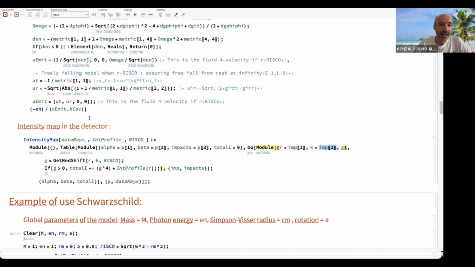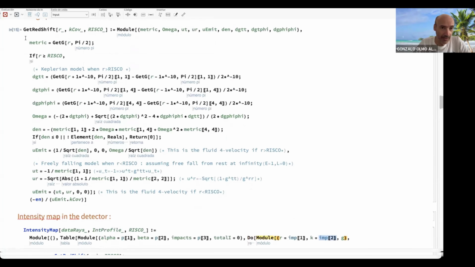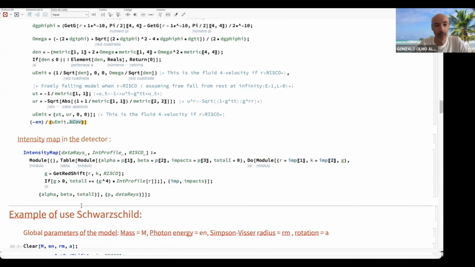Okay, now it's clear. And remember, the redshift function, get redshift, gives us as output minus the energy divided by the force velocity of the emitting particle multiplied by the covariant force momentum of the photon in that location.